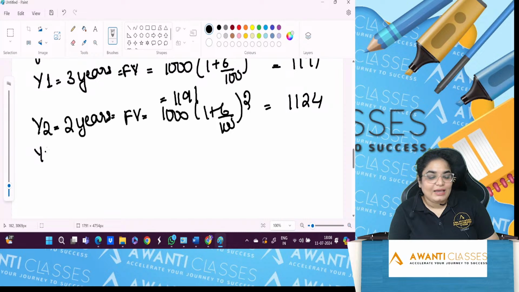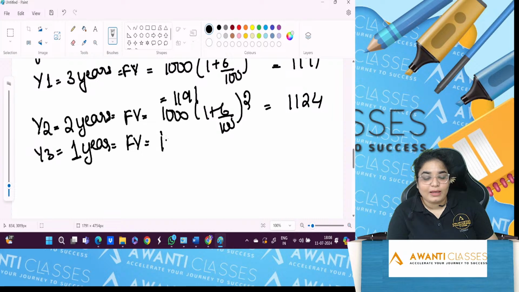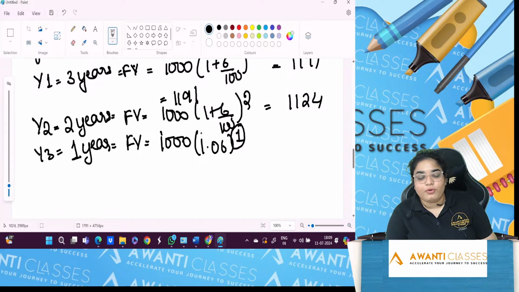Similarly, year 3, how long was it there with the bank? 1 year. By end of third year he paid. So end of fourth year he is getting money back. So this has been with the bank for 1 year. 1000 into 1.06 to the power of 1, only 1 year, 1 plus 6 by 100.